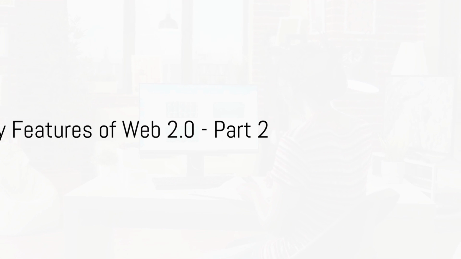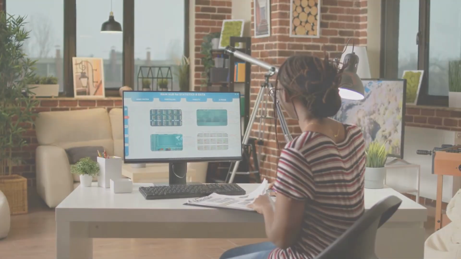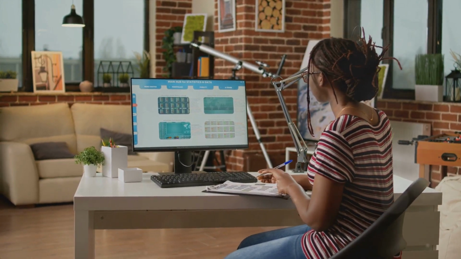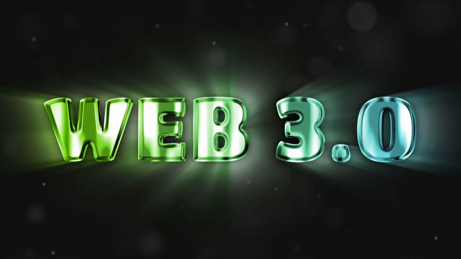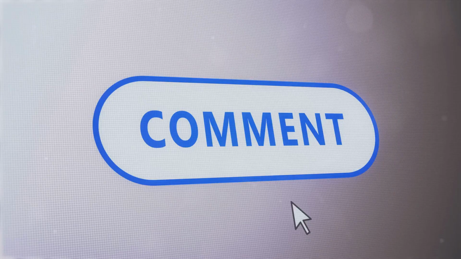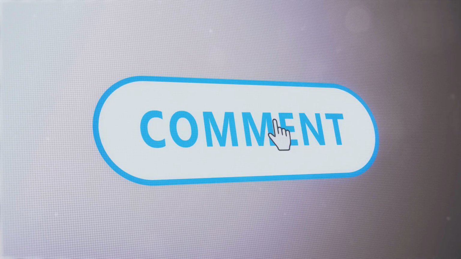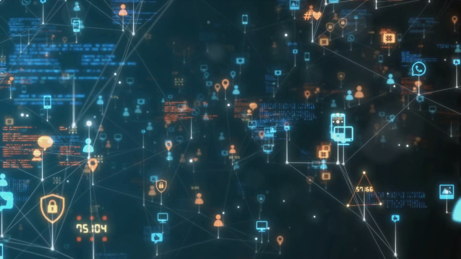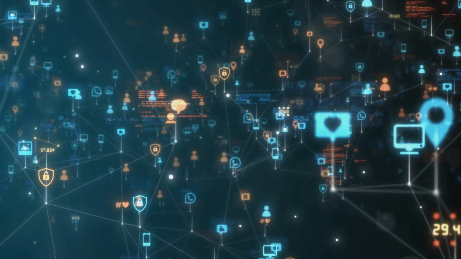Continuing with the features that define Web 2.0, we now move on to user participation and software as a service. Two key elements that have drastically changed the way we interact with the World Wide Web. User participation is one of the most transformative aspects of Web 2.0. It's all about fostering a two-way information flow between the site owner and site users.